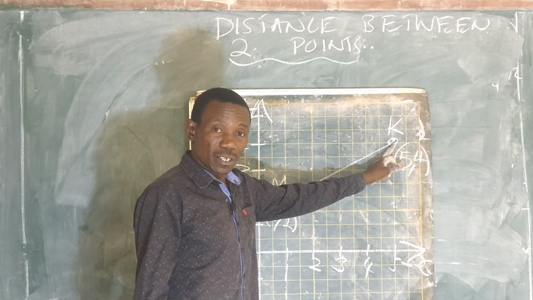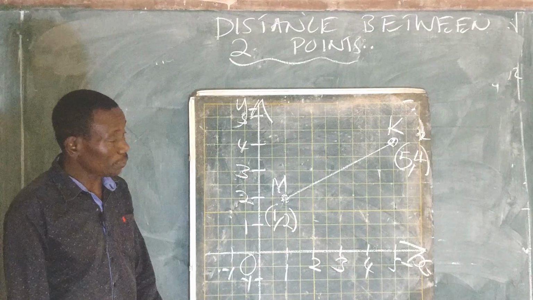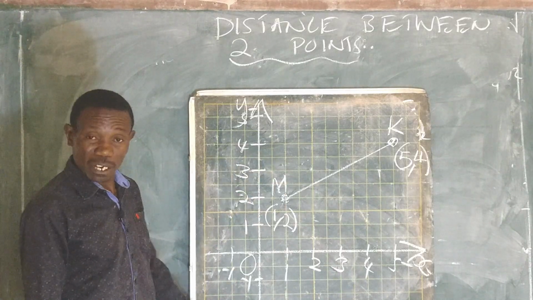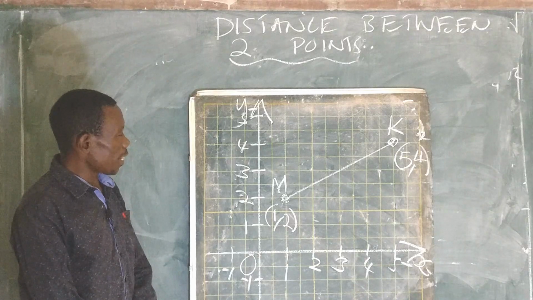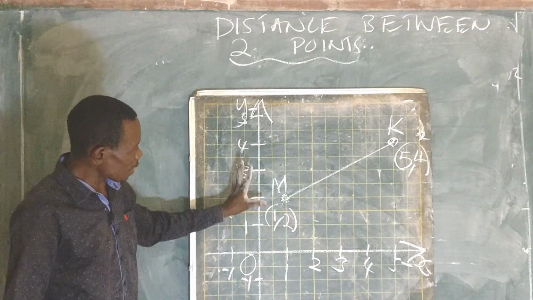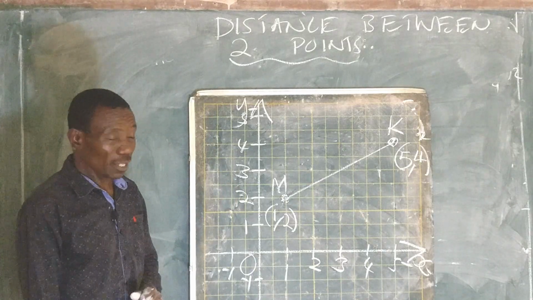Simple. Now, how can we find the value of MK to represent the distance between K and M? As it is on the board, you can at least derive some mechanism, as far as I see, the issue here is about just MK.